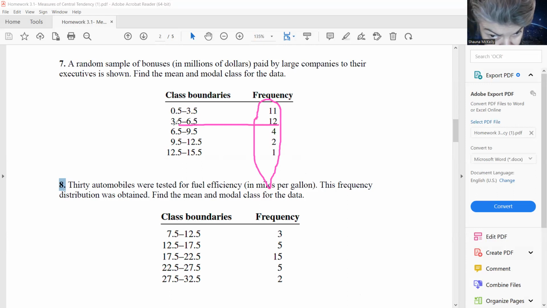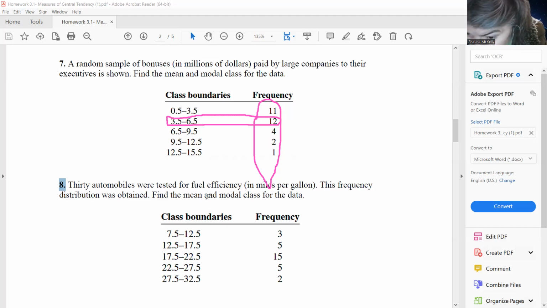And our modal class will be the boundaries that are there. So the modal class here is 3.5 to 6.5. And the mean, as we previously discovered, is 5 units.